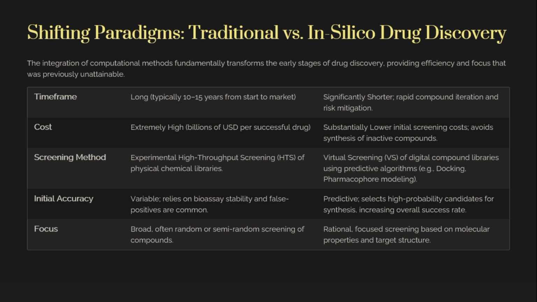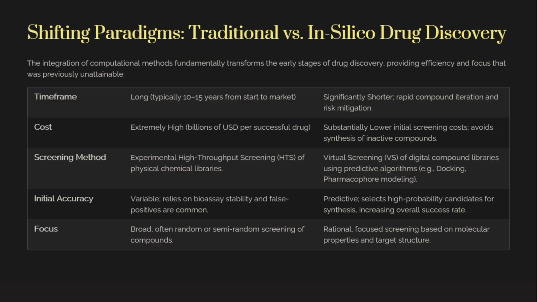So in our next lecture we'll make sure that you learn it and become an expert in docking. Initial accuracy focus: it's a broad, rational screening based on molecular properties and target structure.